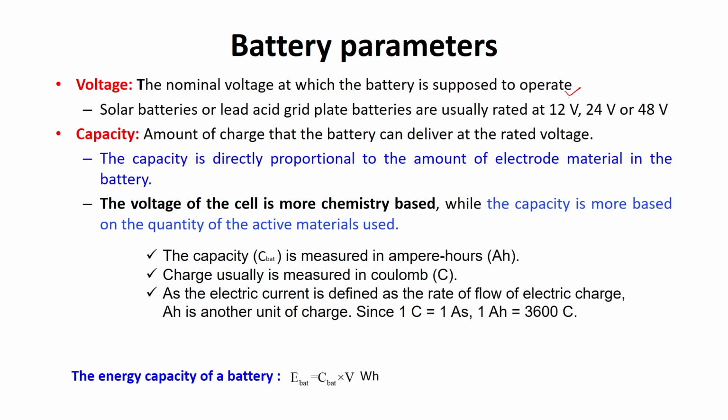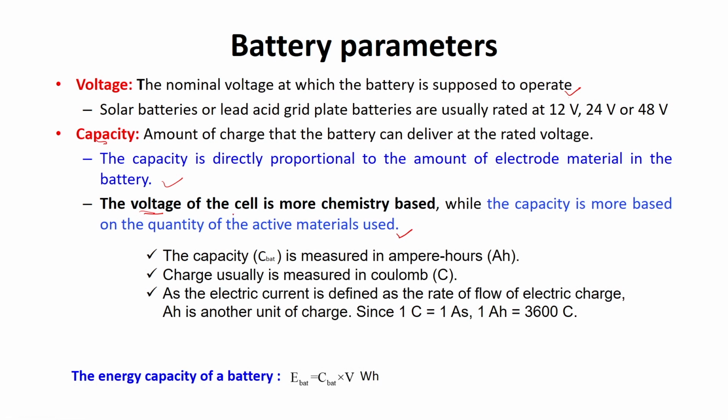The capacity is directly proportional to the amount of electrode material in the battery. That means, the higher the battery size, the higher the capacity. The voltage of the cell is more chemistry based, while the capacity is more based on the quantity of active material used. So, that is how voltage and capacity are different.